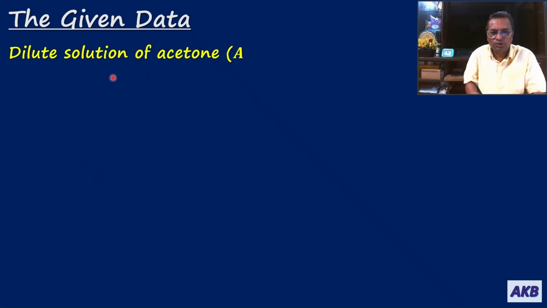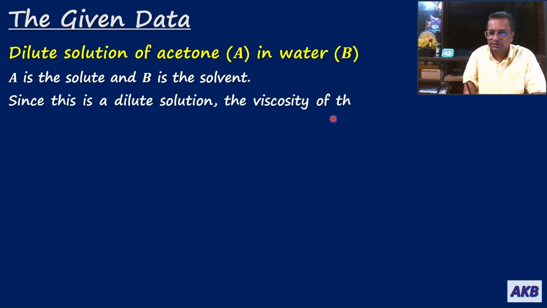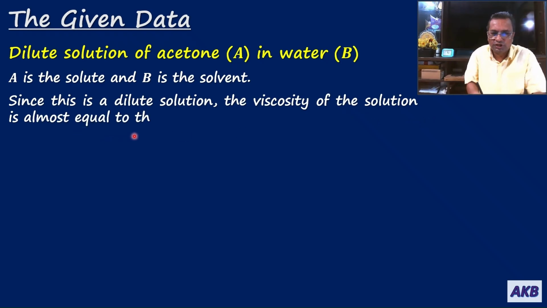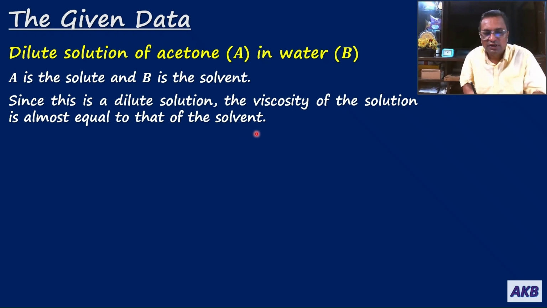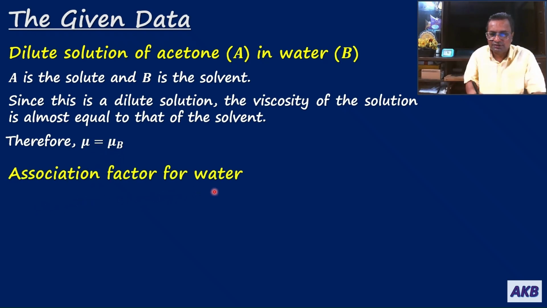Since it is a dilute solution of acetone in water, where acetone, that is A, is the solute and B, that is water, is the solvent, the viscosity of the solution is almost equal to the viscosity of the solvent, that is viscosity of water. Therefore, mu is equal to mu B. Association factor for water is given to us, phi B is 2.26.